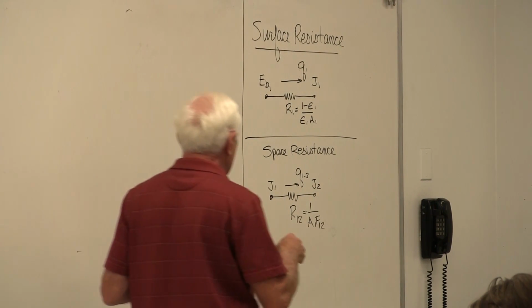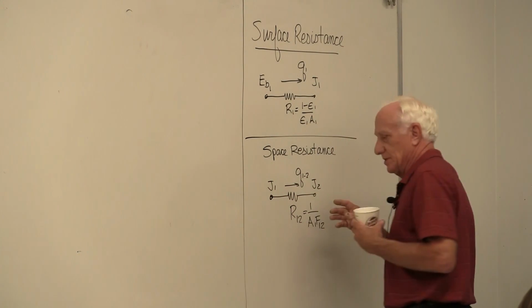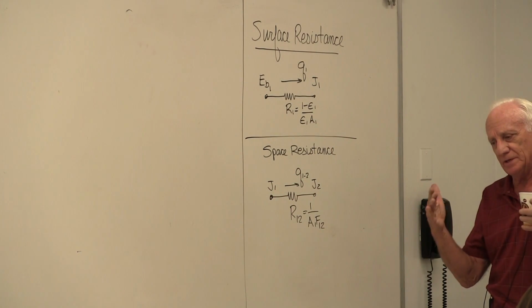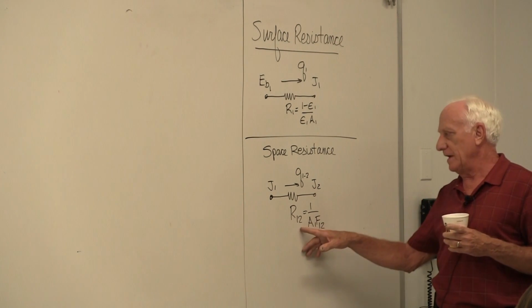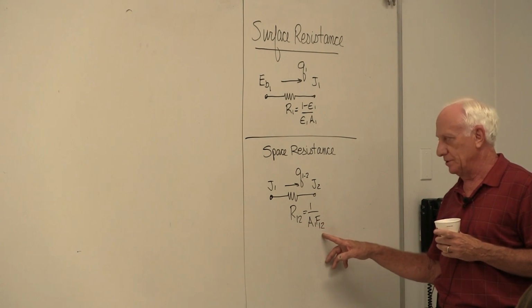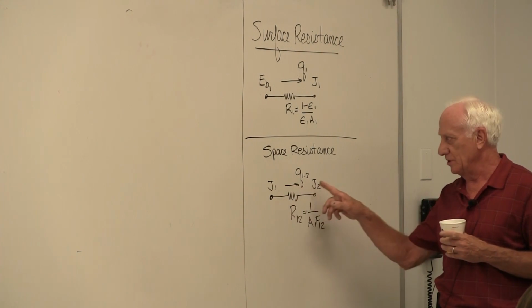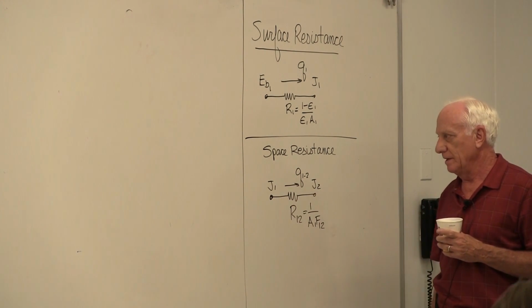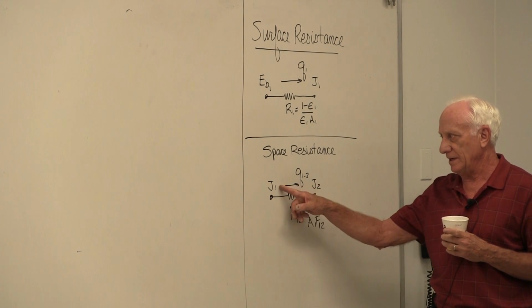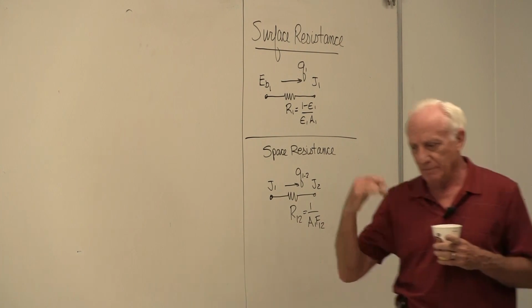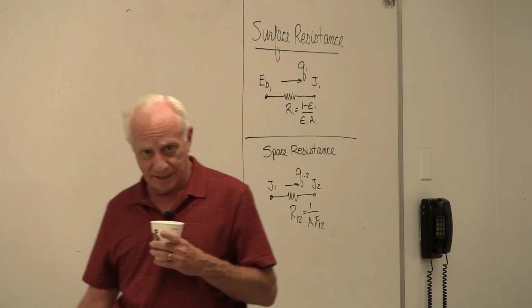Then there's a second kind of resistance called a space resistance because it depends on the space between 2 surfaces and their orientation and their geometry. Its value is 1 over A1 F12. And here's the picture that shows where that resistance is located between nodes J1 and J2. J is the radiosity of the surface. The radiosity J is what leaves the surface, the emitted radiation plus the reflected radiation.